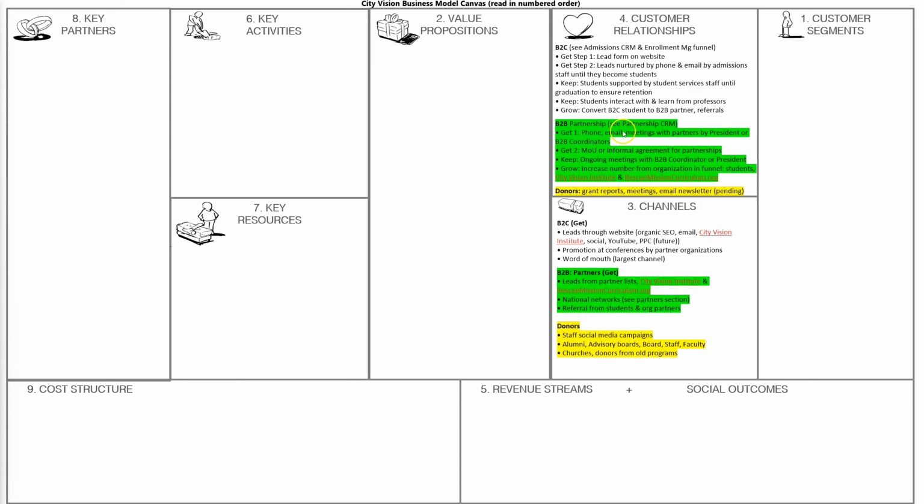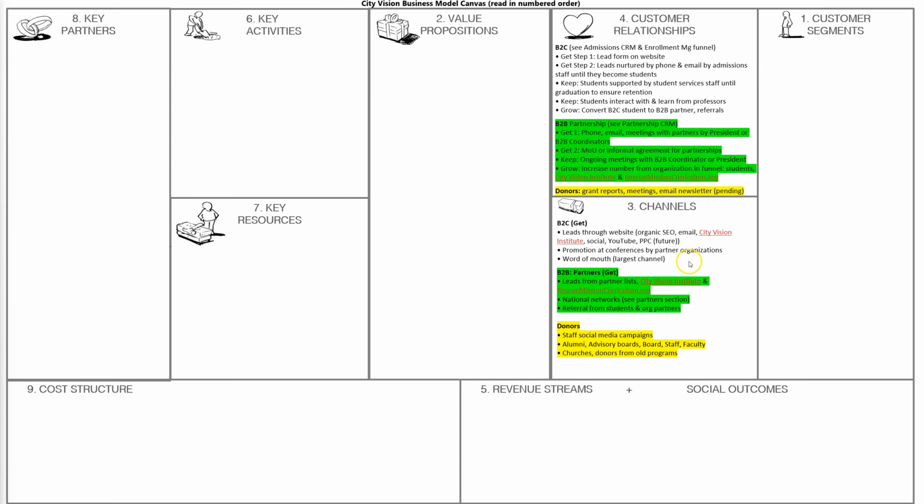For our partners, I think last year I had 110 or 120 meetings with partners, and a lot of those weren't partners yet. So that's get. Then we have some sort of MOU or informal agreement, and then keep. We have ongoing meetings, and then grow is increasing the number of organizations and students in our overall funnel.